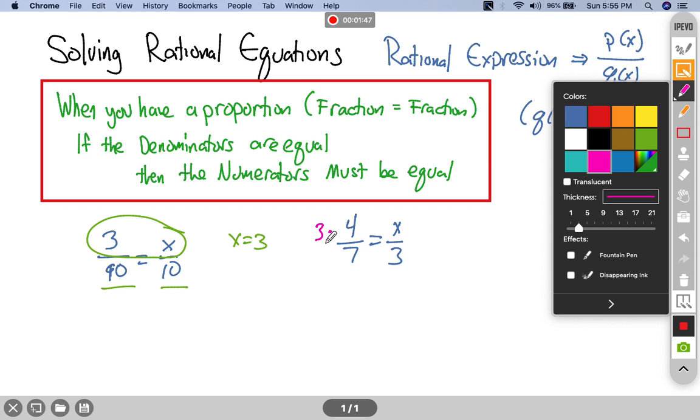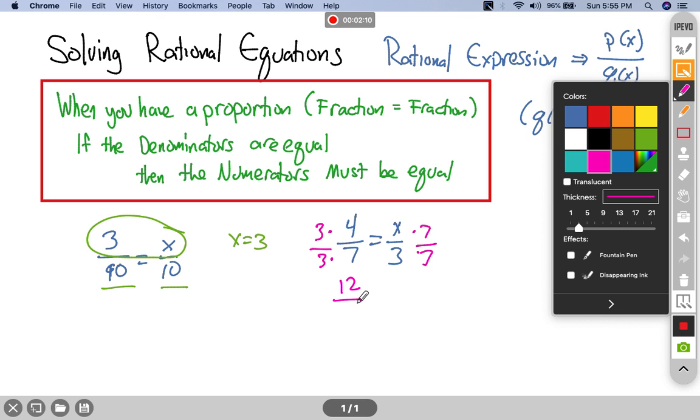So I'll take this one times 3 over 3, and this one times 7 over 7. Again, we have to multiply top and bottom by the same thing because 7 over 7 is 1, 3 over 3 is 1. I really multiply both sides of the equation by the same number, and that's 1, so it doesn't change anything. But it changes the way it looks.